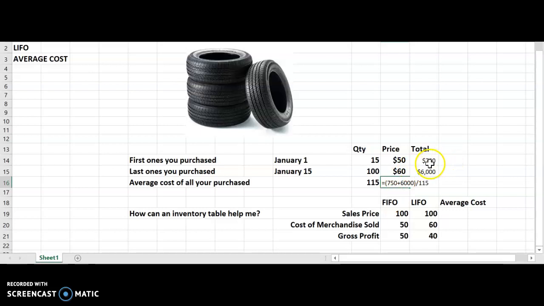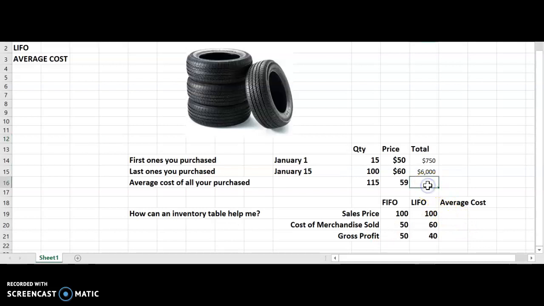By using the totals that are already multiplied out, that allows us to calculate the weighted average, which we will round to the nearest dollar. So that would be $59 for the weighted average.